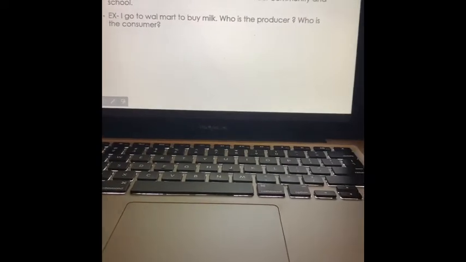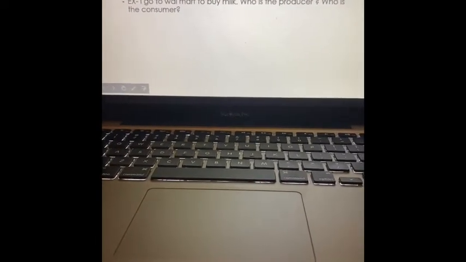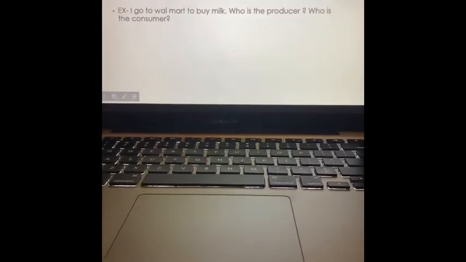Some of the examples I expected: our lunch ladies. So they produce our lunch and we consume the food. Teachers, they're producing education and they're soaking in all of the learning.